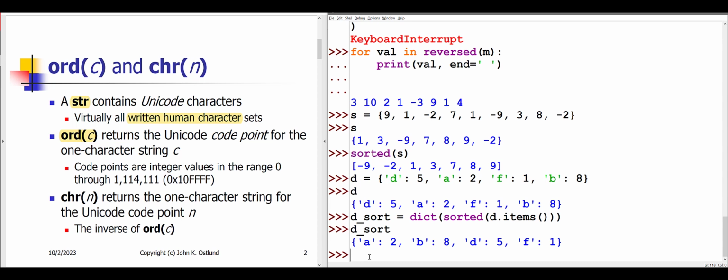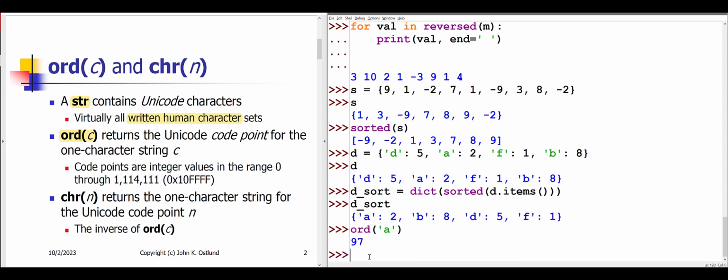So in other words, if I say ord of little a, the value I get back is 97. Now, that happens to be within the ASCII subset of Unicode. And little a does have an equivalent base 10 value of 97.